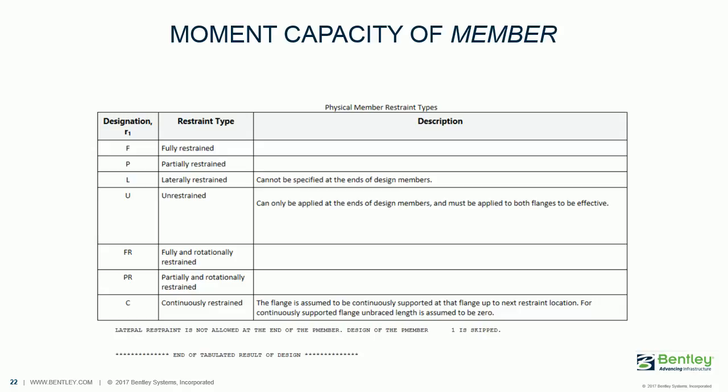So it's not the full restraint exactly, but it prevents the critical flange from displacing laterally and partly prevents the section from twisting. And the lateral restraint is the restraint that prevents only the lateral displacement of the critical flange without preventing the twist of the section.